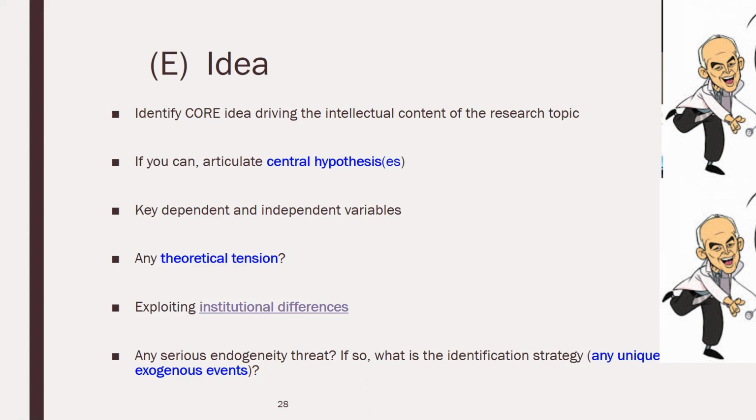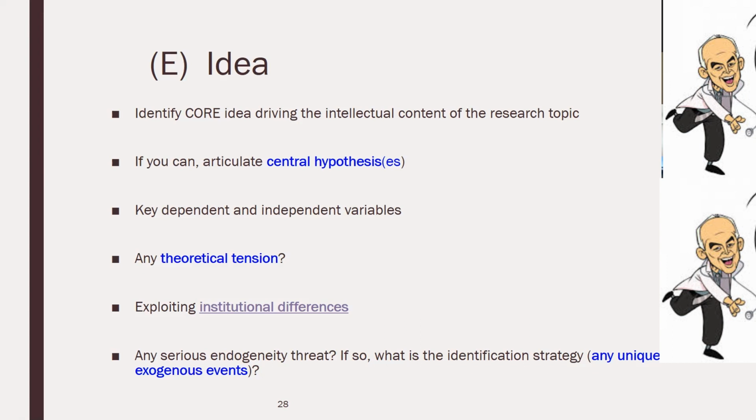But what is more promising is if you can find conflicting theories around your research idea, and then you come up with a testable hypothesis that requires empirical results to really know the right answer. And you remember in the motivation section we said that if there is any theoretical tension, that is a motivation, but in the idea part, you are now picking those theories, and then you are saying that, look, one theory is predicting one answer, another theory is predicting a different answer, and then as a researcher, you are coming up with non-directional hypotheses.